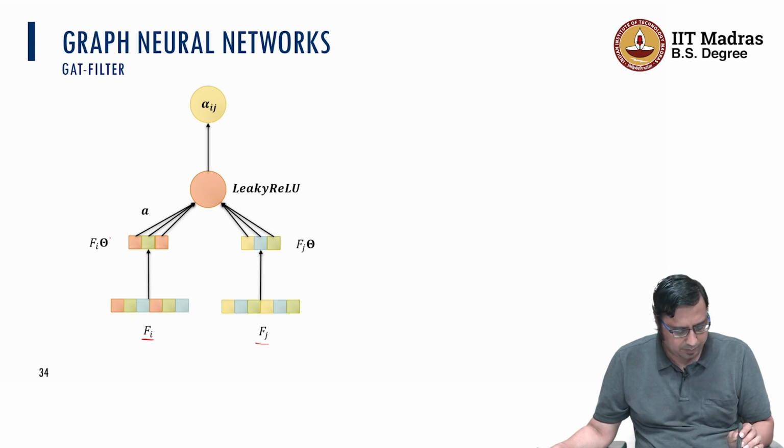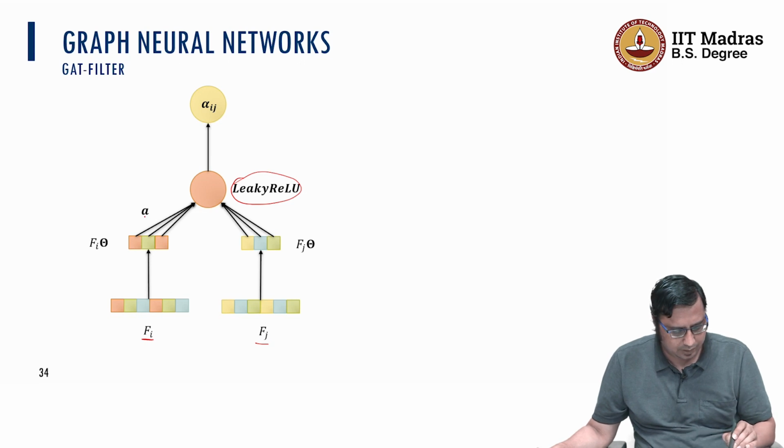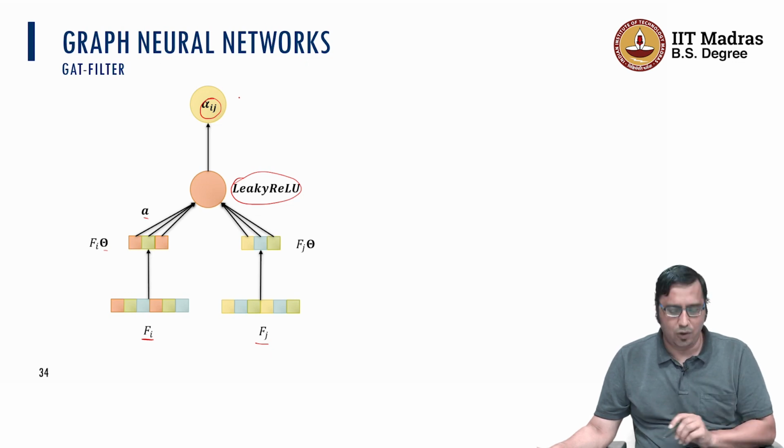They are multiplied with a certain set of parameters theta, and then the leaky ReLU is applied, where a and theta are shared parameters, to obtain alpha ij, which is a softmax normalized score between nodes vi and vj.